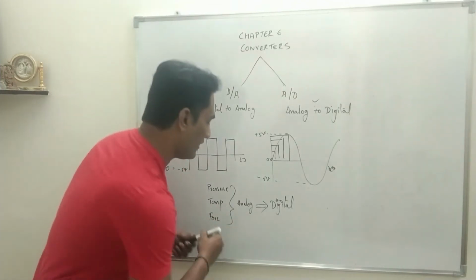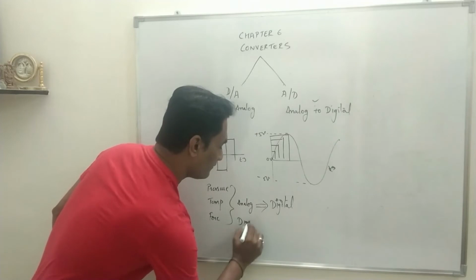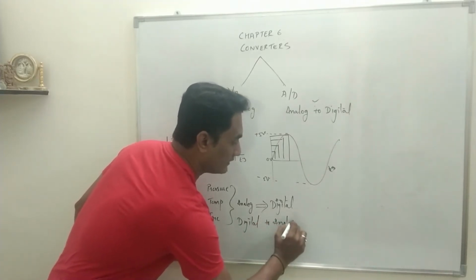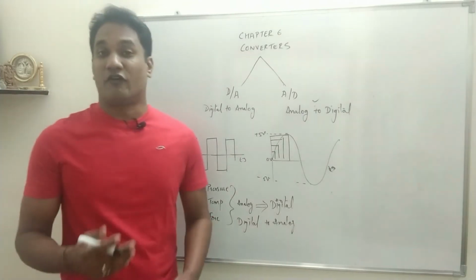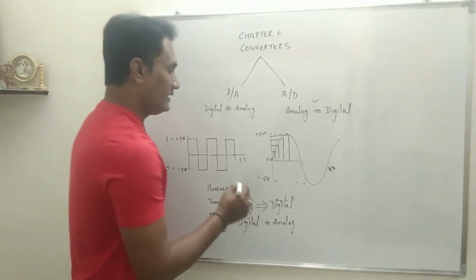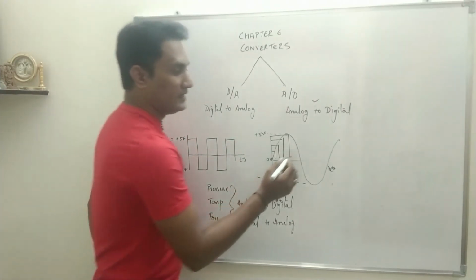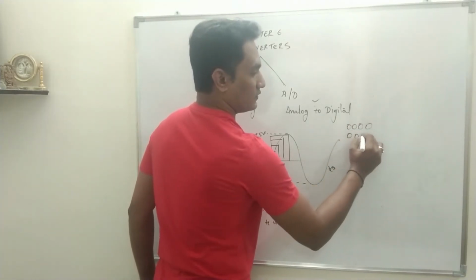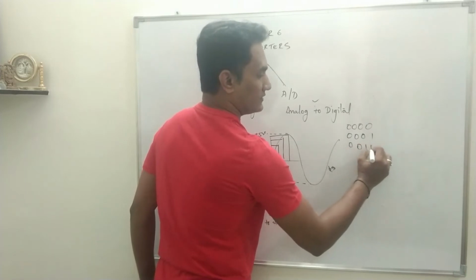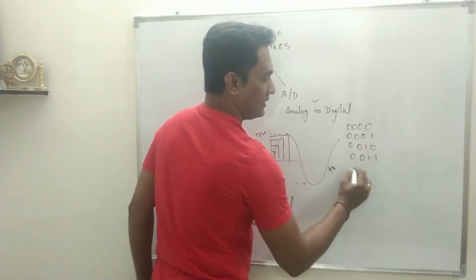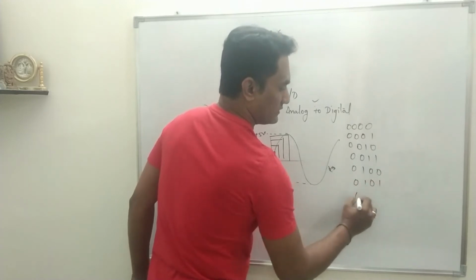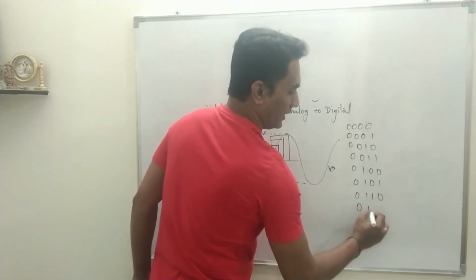So we have a digital to analog circuit. Now let us try to understand what basically we are going to do. See, the binary values will be like this: 000, 001, 010, 011, 100, 101, 110, 111.